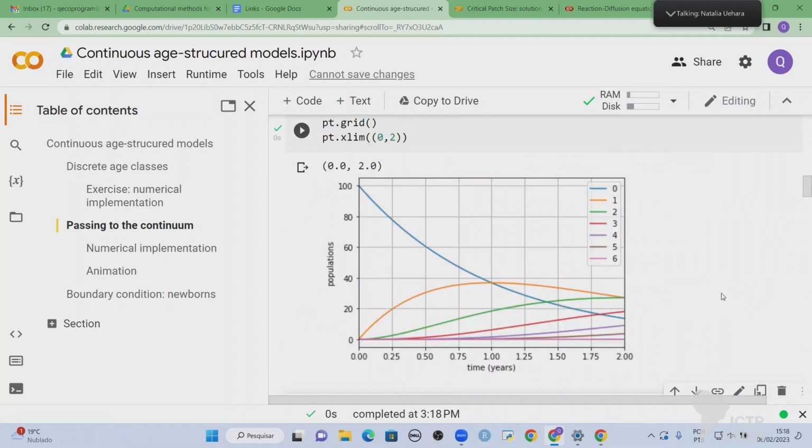By the end of the first year, almost half of the population is still in the 0 year. But at the end of the first year, there are a lot of individuals in the second year, in the third year, in the fourth year, you see?